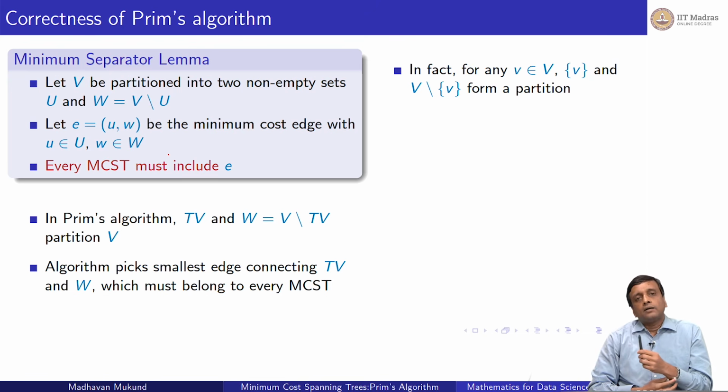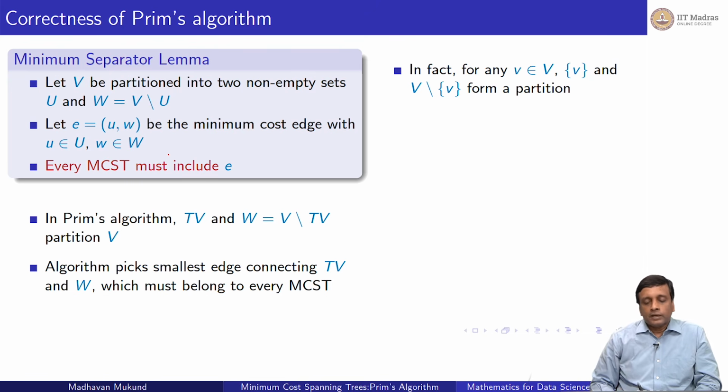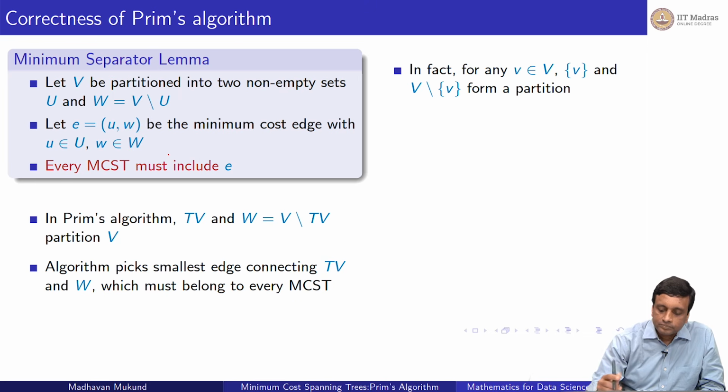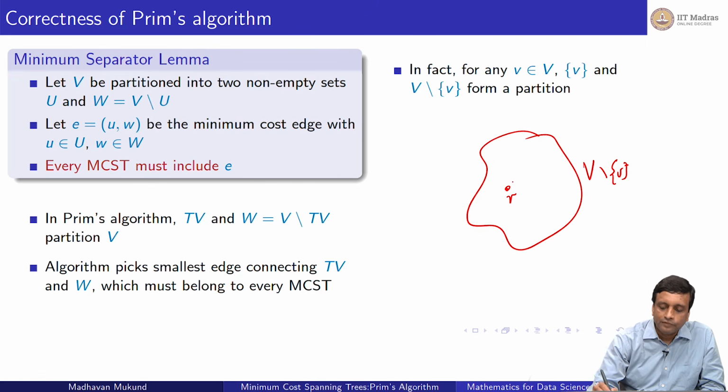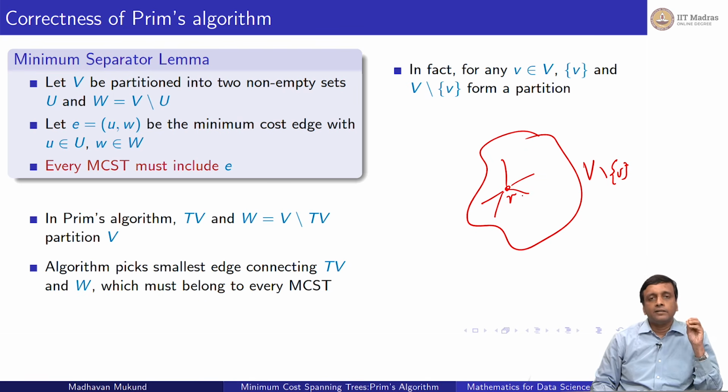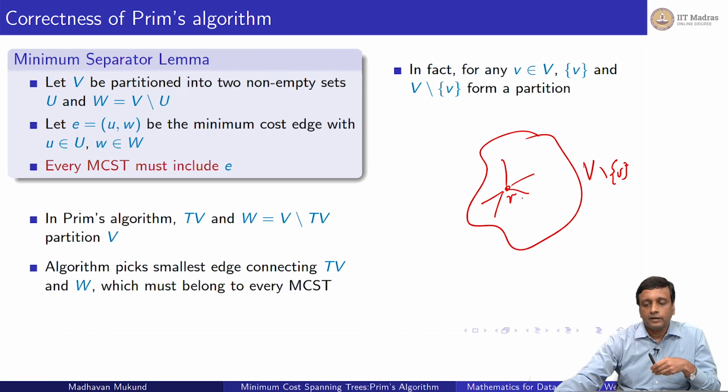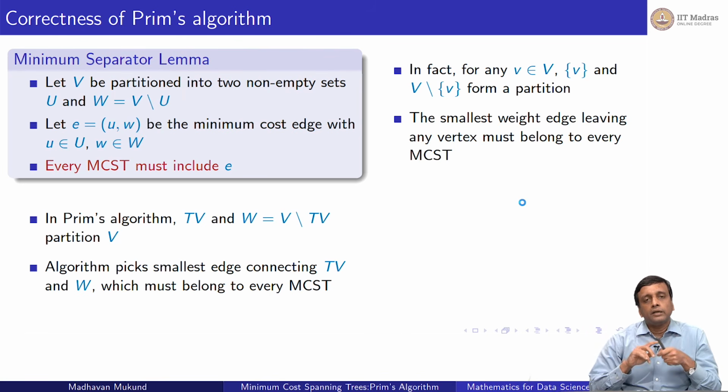In fact, there is a slightly stronger statement we can make. If we look at a vertex V, and we look at everything else, the whole set minus V, then the edges coming out of V connect the vertex V to its neighbors, and all those neighbors belong to the other partition. All of them are connecting the partition containing V alone to the remaining things.